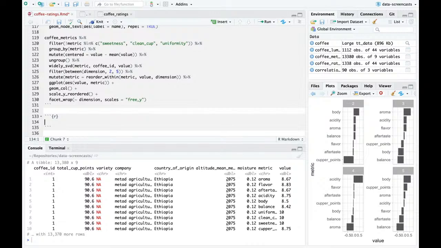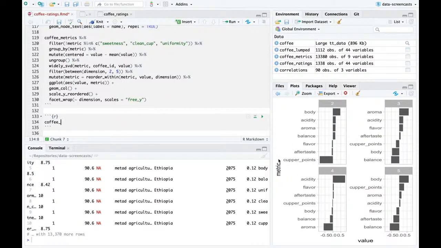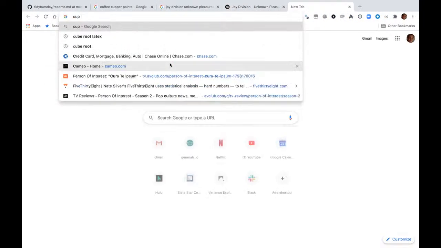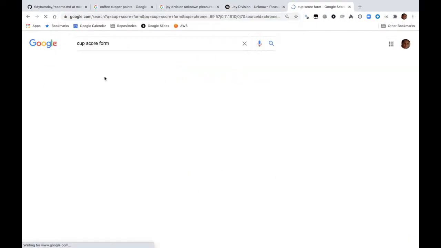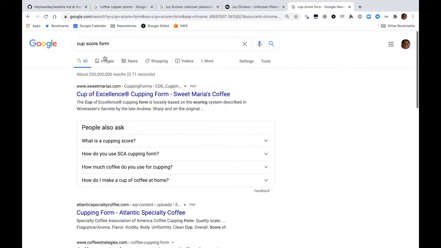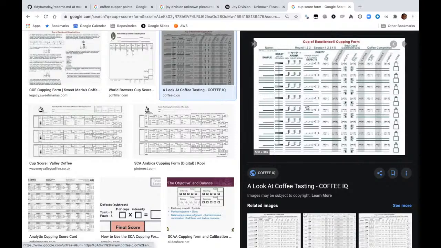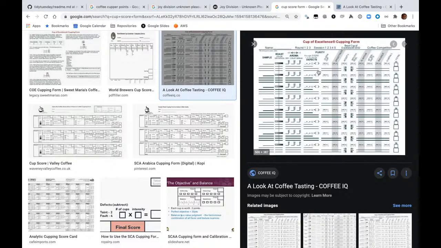I've got a question: which of these dimensions, like body, aftertaste, flavor, balance, are evaluated? Actually, I think we've spent too long discussing this without actually looking at a cup score form. That's actually a mistake. Aha, you can see how they're evaluated.